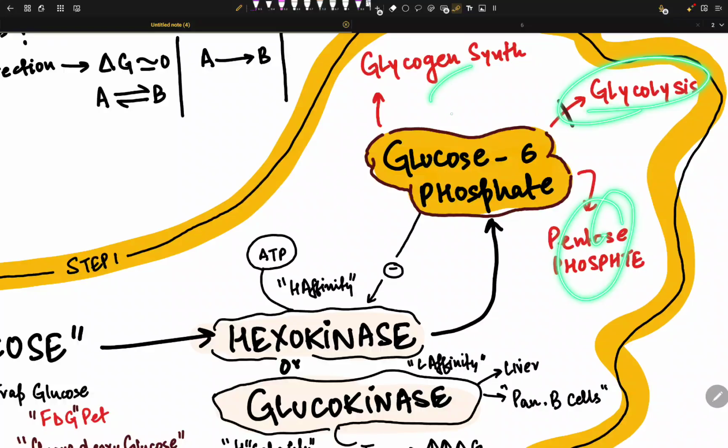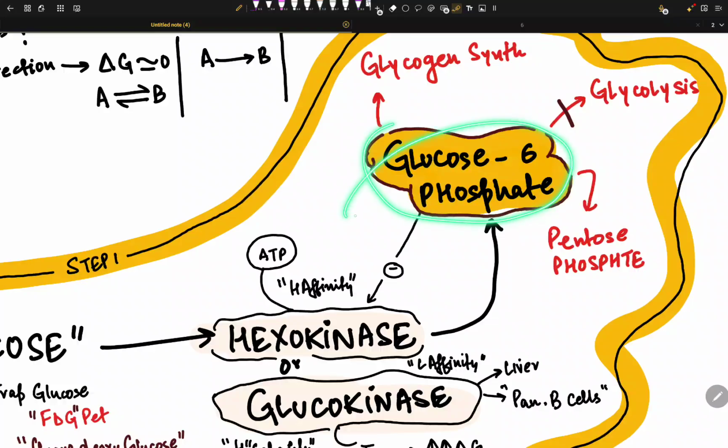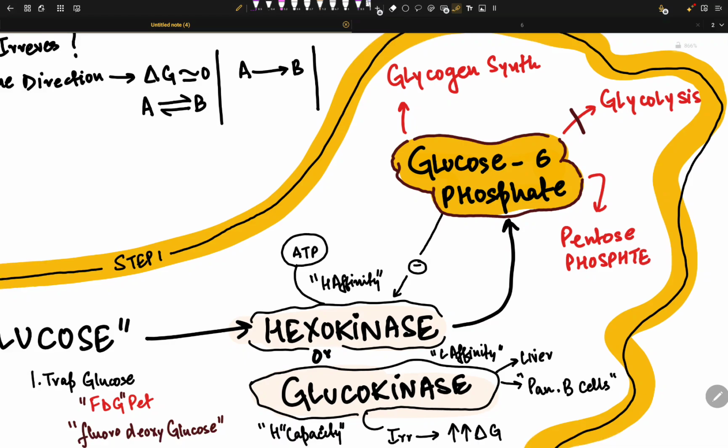If we have oxygen and insulin, glucose 6-phosphate can shift toward glycogen synthase. So where did the glucose go? It disappears from the blood. It's now stored, exactly what insulin wants. Note that the liver under the glycogen synthesis pathway works as a buffer, not as a competitor.